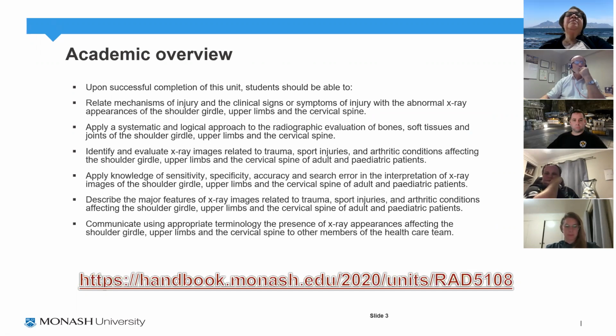The main focus is related to trauma, but also common conditions like arthritic conditions, and other conditions as well. And then in RAD5108, we introduced you to some of the statistics around sensitivity, specificity, and accuracy, and you will be applying that in this unit.